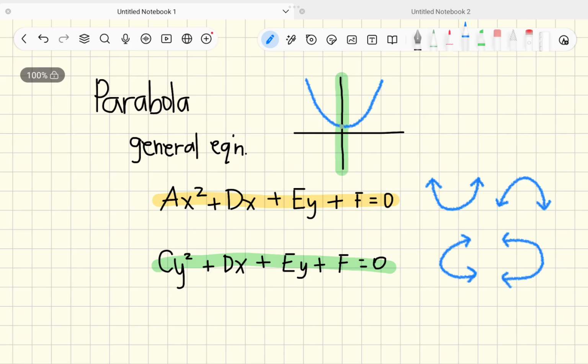Now where do you think will be your axis of symmetry? It will be horizontal. So the axis of symmetry will be here, for these parabolas. So if your parabola is facing up or down, the axis of symmetry is vertical. If your parabola is facing right or left, then your axis of symmetry is horizontal.